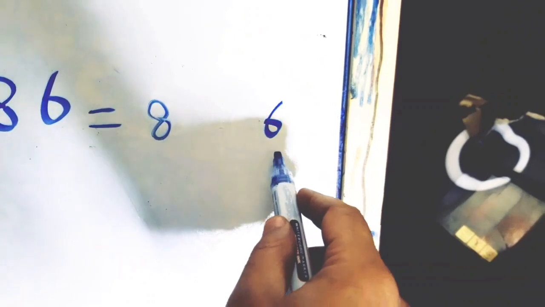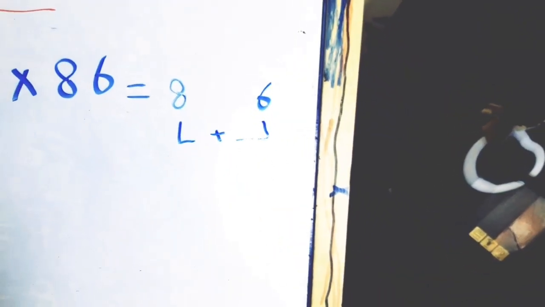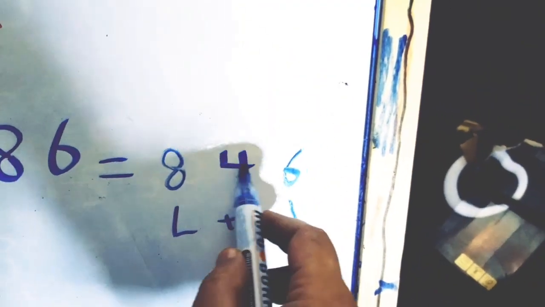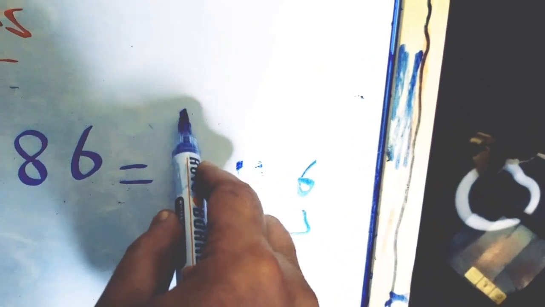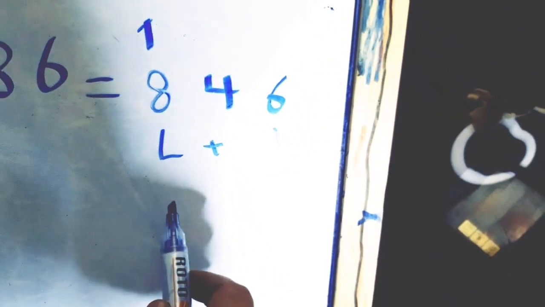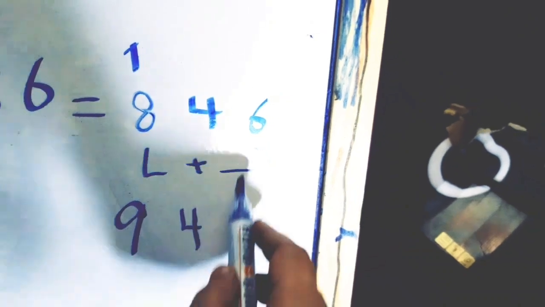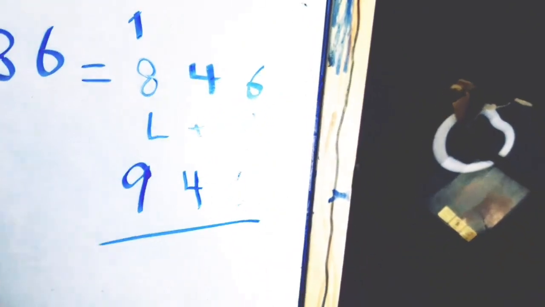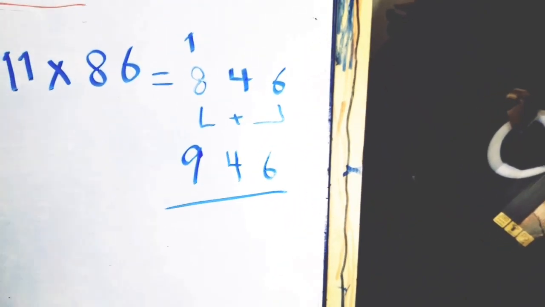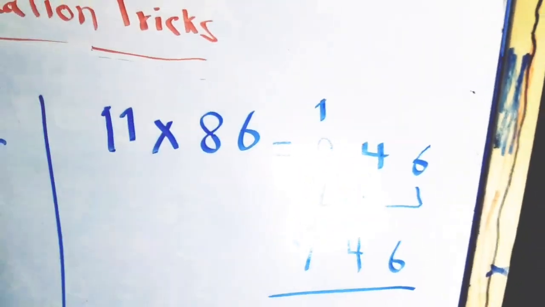Then we do addition. 6 plus 8, 14. We write 14 in this way. 4 and carry forward 1. We do addition. 8 plus 1, 9. 4 is written as it is. 6 is written as it is. So we have 946, which is the multiplication product of 11 times 86.